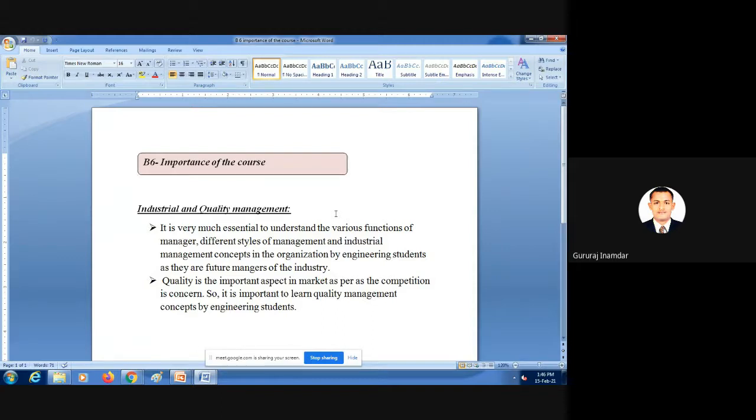I think you are well aware of the current market condition and the requirement of engineers and any graduates in the market. There are a number of industries available, but an industry will survive based only on quality. Quality improvement is very important.